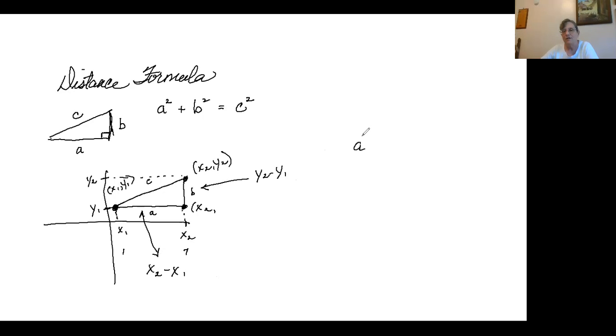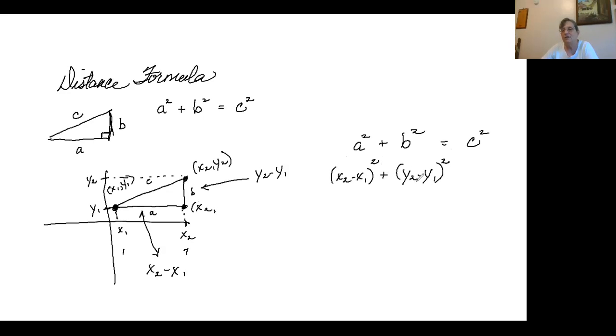So in place of a squared plus b squared equals c squared, we know that a is going to be x2 minus x1, so we're going to square that. B, this distance, is going to be y2 minus y1 squared.